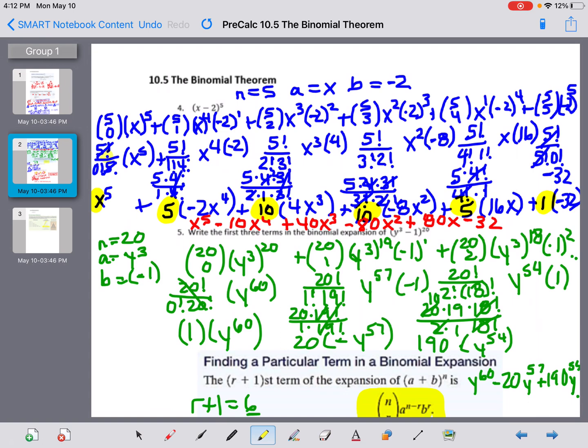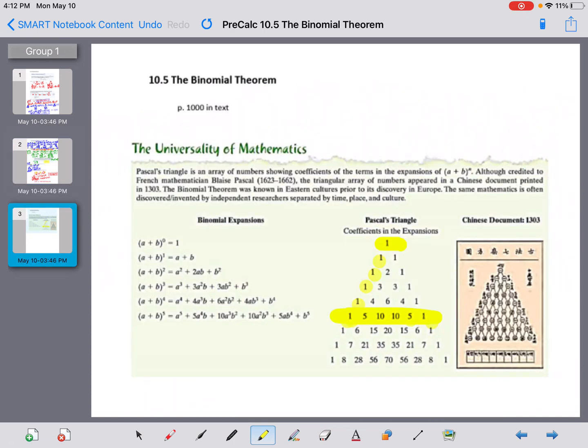So it makes sense that when we do our binomial expansions, we get the 1, 5, 10, 10, 5, 1, and that's coming from our factorials or that binomial coefficient. And then, of course, we don't see it down here because what we end up doing is multiplying by some of the term that came from that negative 2 in there, okay? So just a note that, if you want to, you can look at Pascal's triangle and see what's happening.